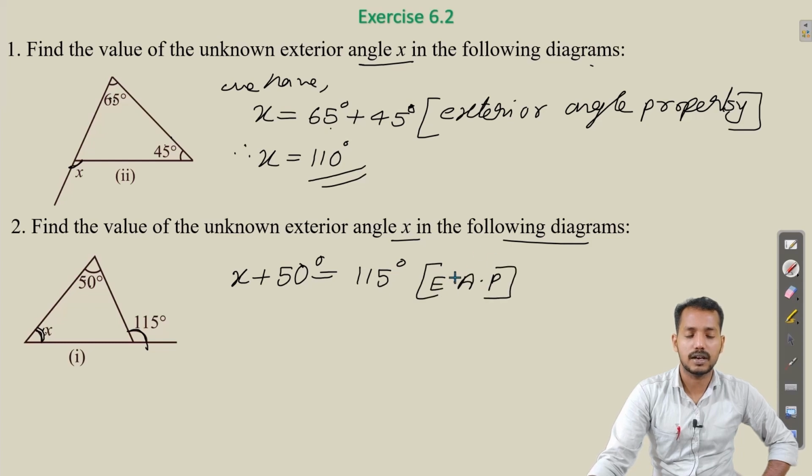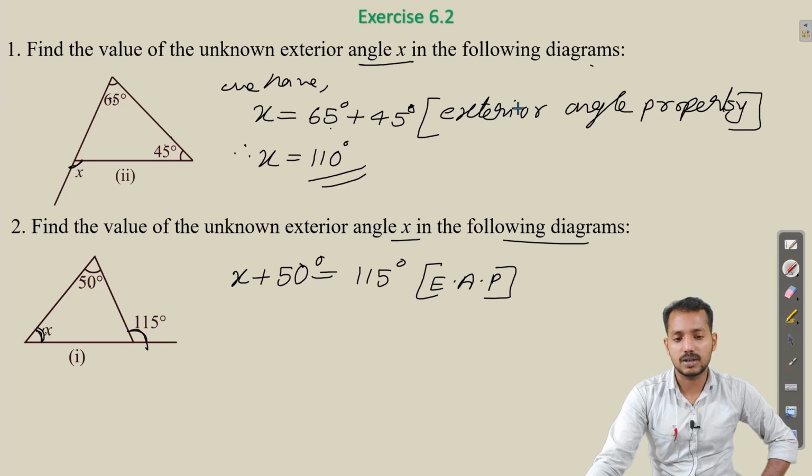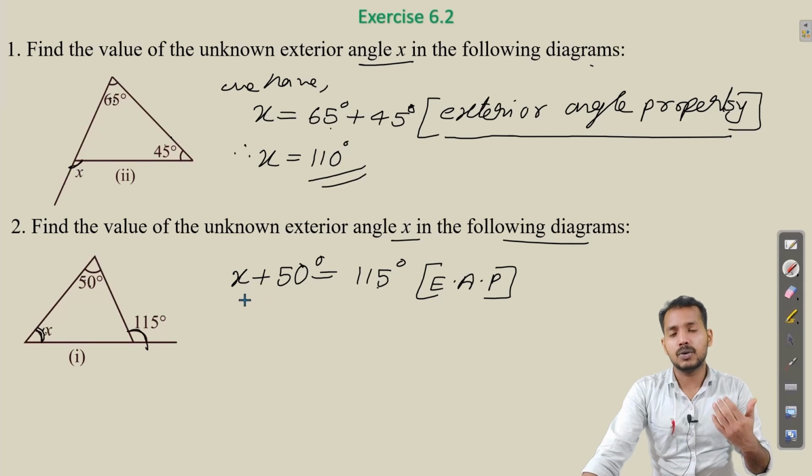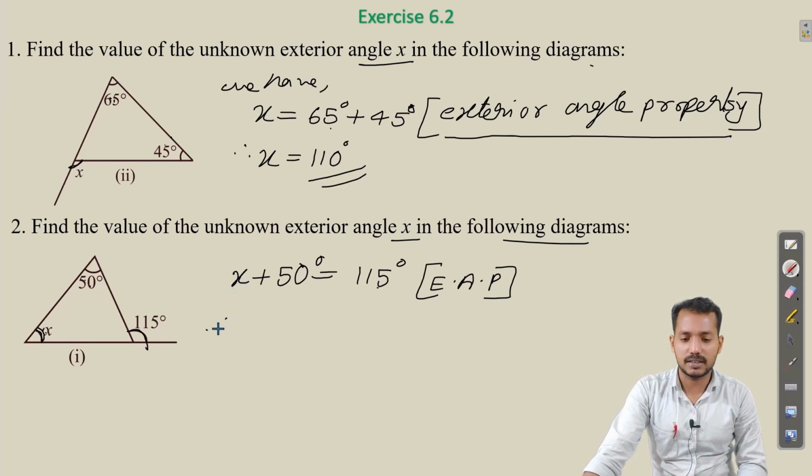I am writing the short name, but while you are writing the answer, you have to write it in full sentences. Now you have got a simple equation in terms of the variable x, so you can easily find x.